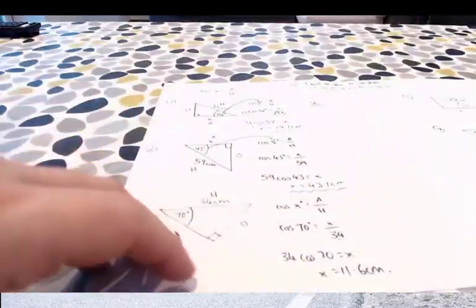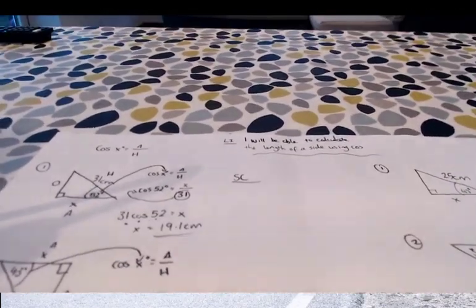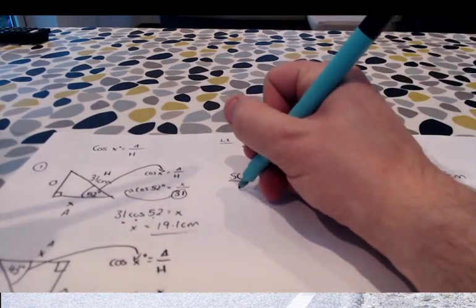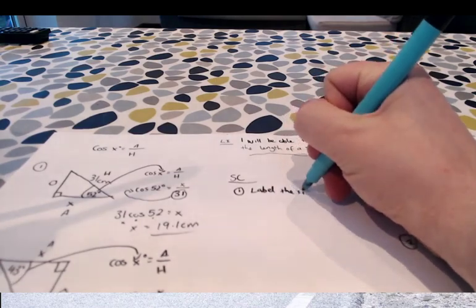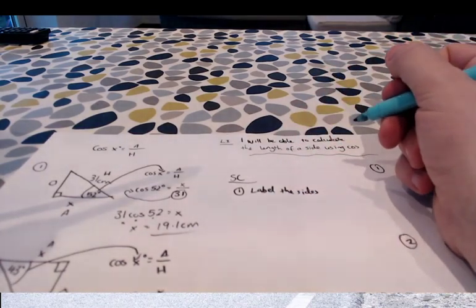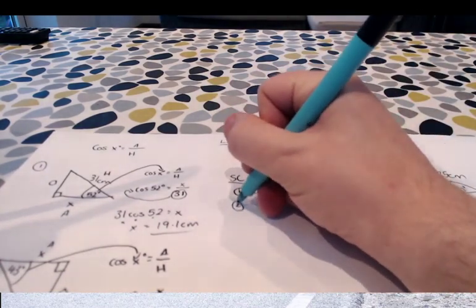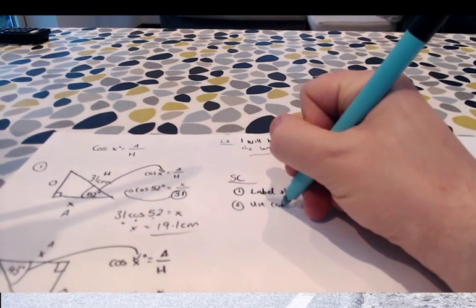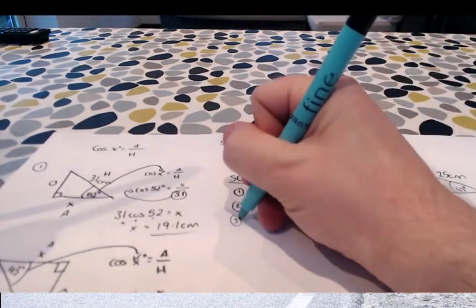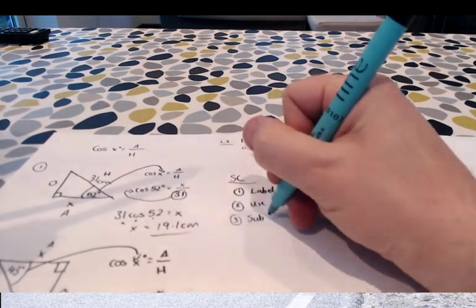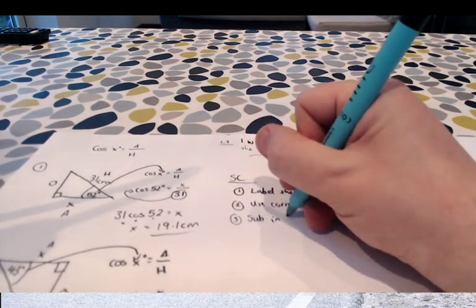Okay, so our success criteria for this, the things you need to be able to do to be successful at it, we've got the same steps as usual. You need to be able to label the sides correctly, adjacent, hypotenuse, opposite. You need to be able to use the correct rule, which isn't a problem here because we're always using cos. You need to be able to correctly sub in the numbers.